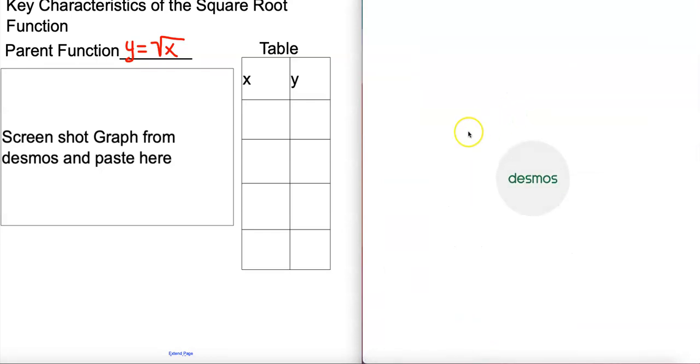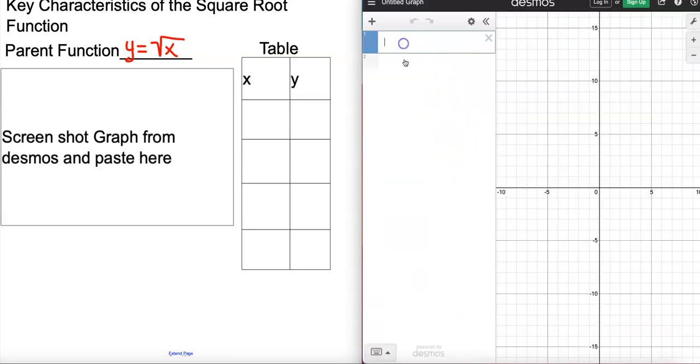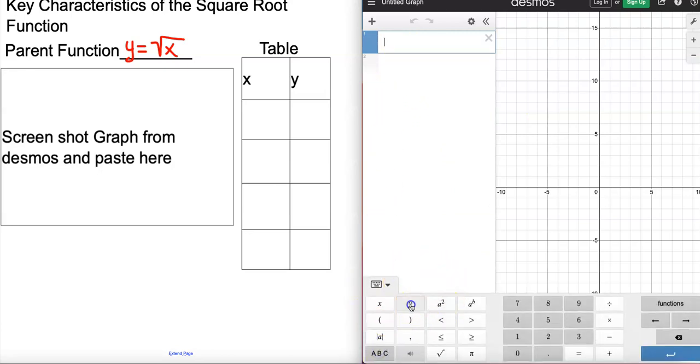So if I go to my graphing calculator in Desmos, which you guys are going to have to do as well, I'm going to graph this function. So I'm going to go y equals the square root of x. And so if I graph that function there, you see where you got this.